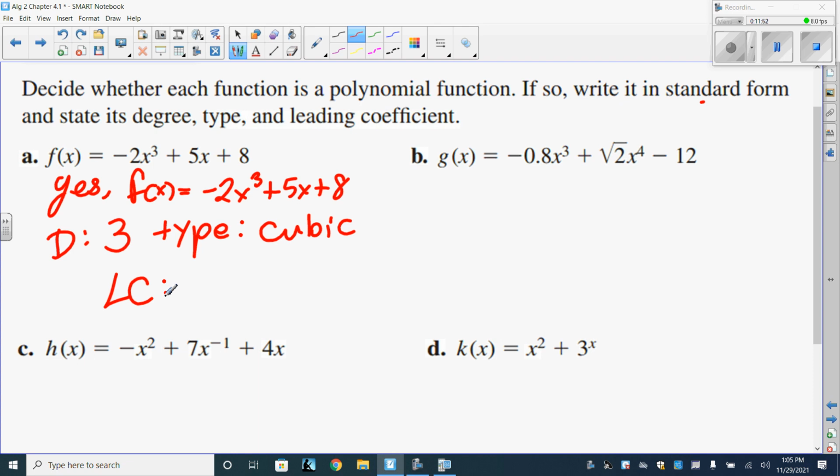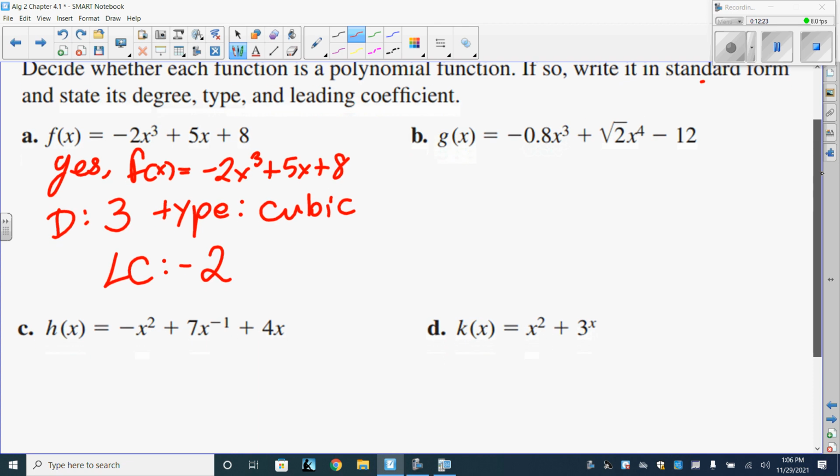Now, the last thing we need is the leading coefficient, which would be negative 2, because the leading coefficient is always going to be the number in front of the variable with the biggest exponent. Since x to the third is the variable with the biggest exponent, the number in front of it is negative 2. Questions on this here?